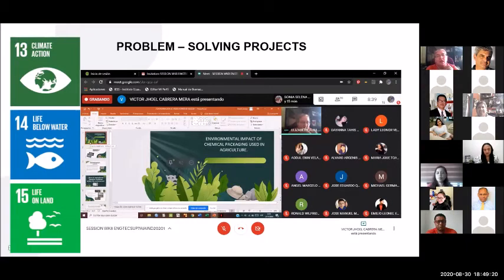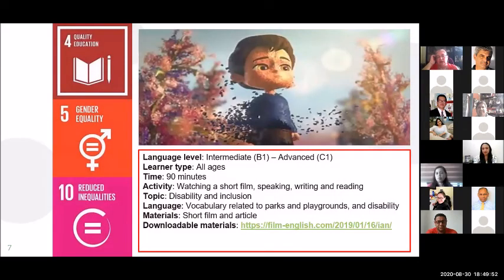For example, this is a real life example of one of the projects my students at the university developed in order to solve an environmental problem connected to their subject. In this case, they were combining 3 SDGs: climate action, life below water, and life on land. This is one of the examples of the projects they had to present because we are in virtual education.